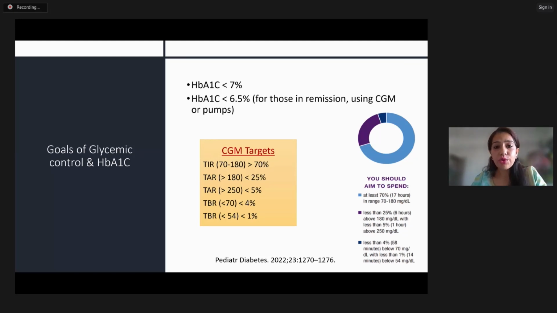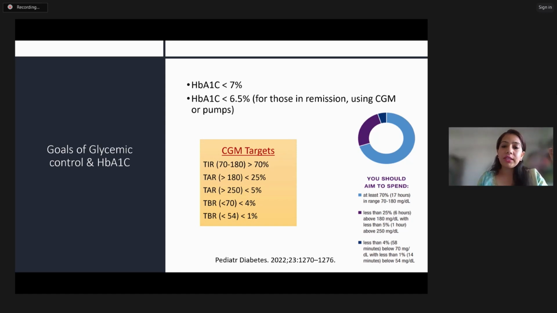That brings us to what is our goal of glycemic control. So of course we would want an HbA1c of less than 7%, or even less than 6.5% for those who are in remission, or using continuous glucose monitoring sensors or insulin pumps. But as we saw in the previous example, we also need to look at the day-to-day targets.